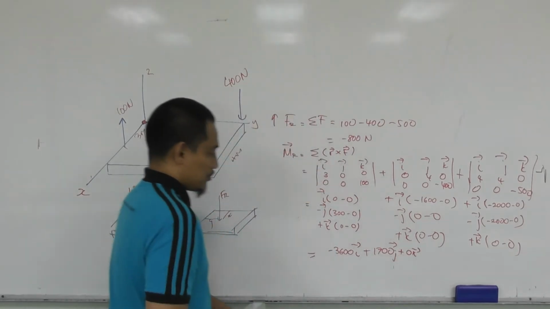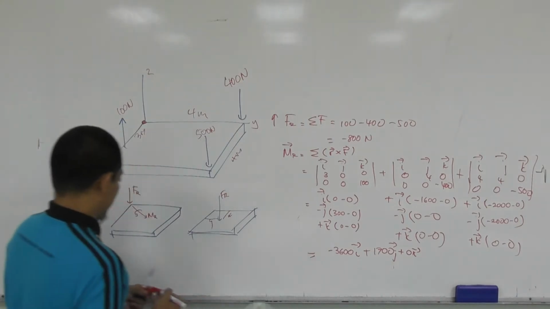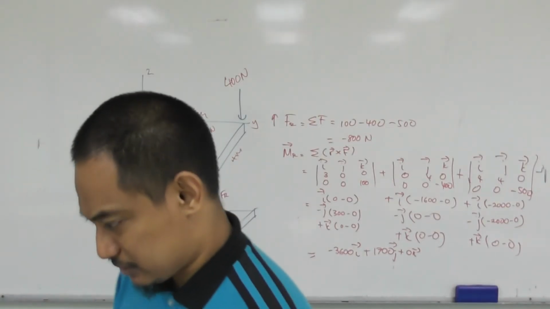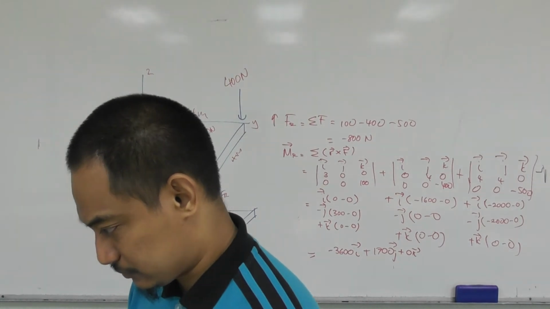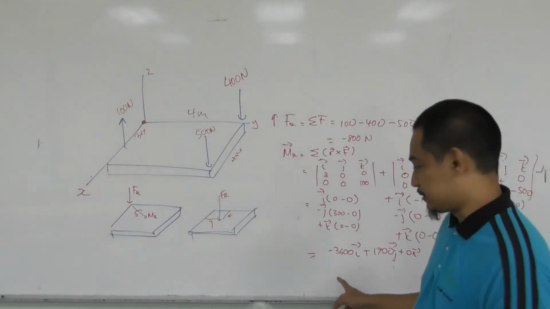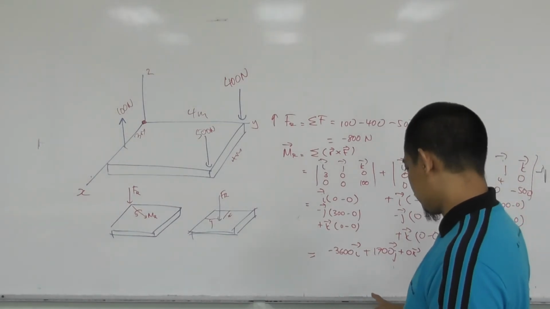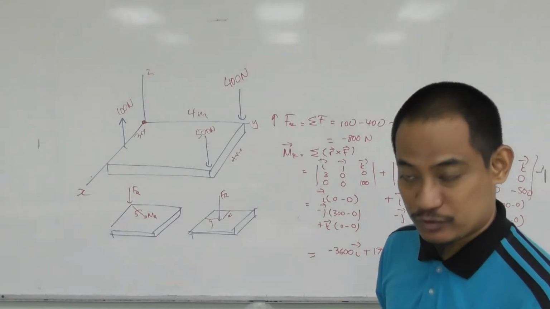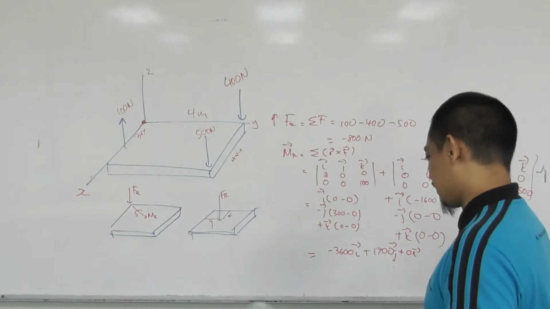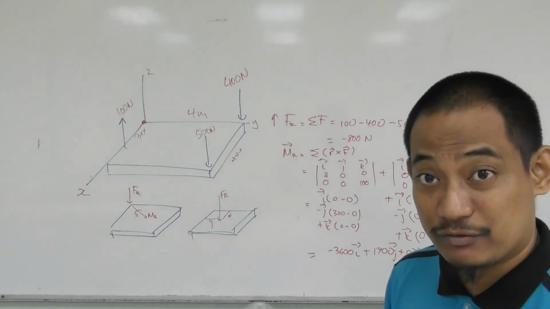So that's basically MR in terms of vector. Does it say in terms of vector or scalar? If you need it in terms of scalar, then you have to take the square root, so that's the magnitude of the moment. But this is in vector form.